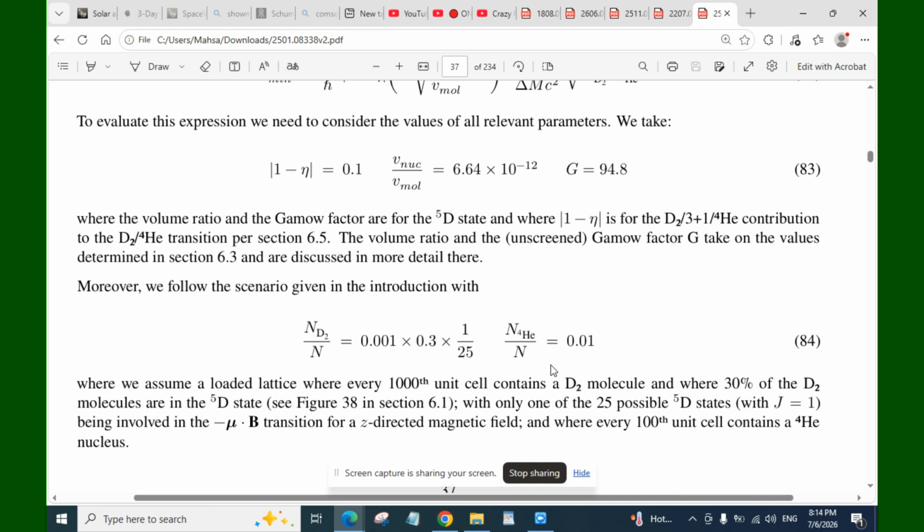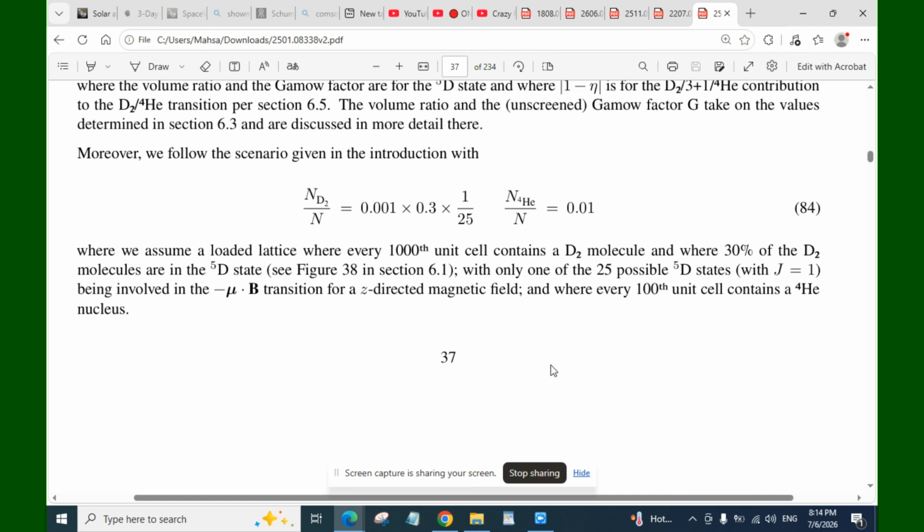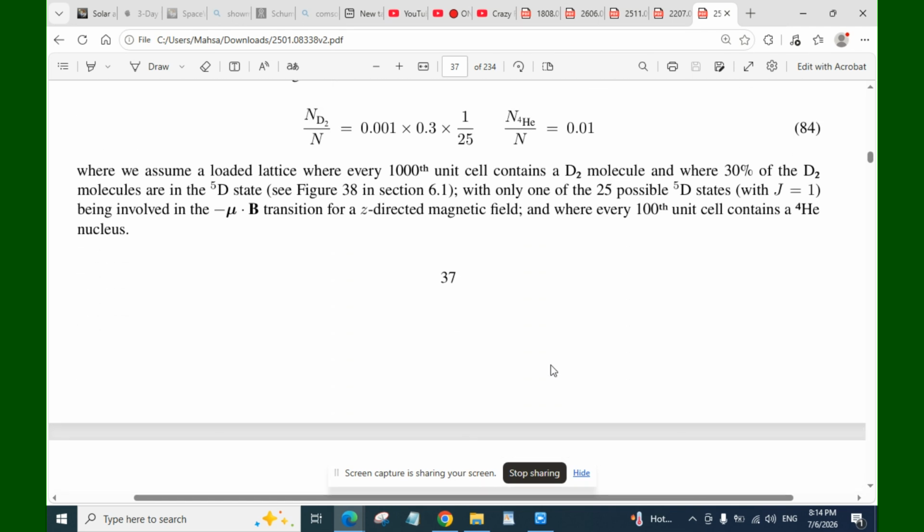Moreover, we follow the scenario given in the introduction, in which deuterium divided by neutron is equal to 0.001 multiplied by 0.3 multiplied by 1 divided by 25, and helium 4 divided by n is equal to 0.01, where we assume a loaded lattice where every 1000 unit cells contain a deuterium molecule and where 30% of the deuterium molecules are in the deuterium 5 state.